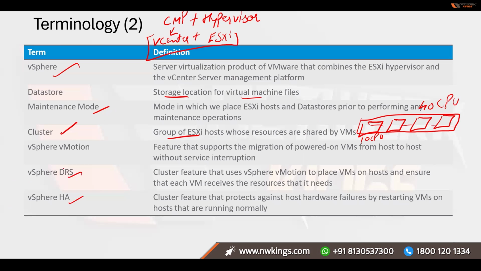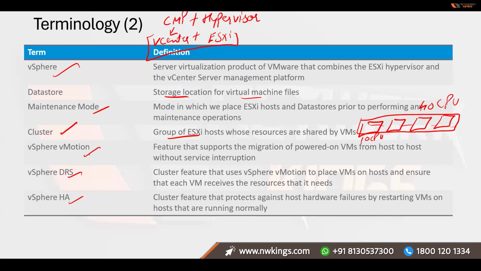Then vMotion, as I mentioned in the first module. vMotion is basically a feature where you migrate a virtual machine from one host to another host while that virtual machine is powered on. The main thing here is that the virtual machine is powered on. What do we call it when the virtual machine is not powered on?